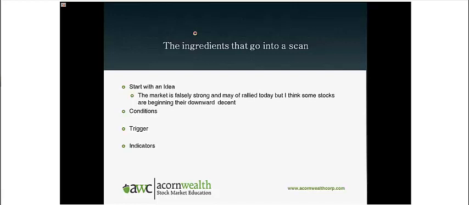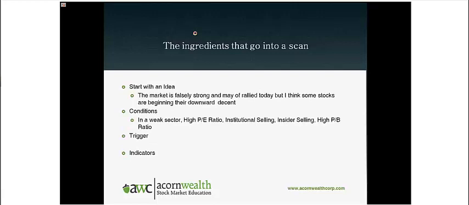The second way we could start building out this idea is to think, what conditions would be true if this idea was actually happening? So we might say, okay, if the market is at a false rally, and stocks are beginning their downward descent, what conditions may we look for? Well, we might look for stocks that are in a weak sector by going through a sector watch list and looking for what sectors are starting to fail and which are strong.